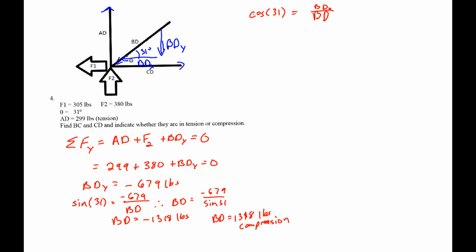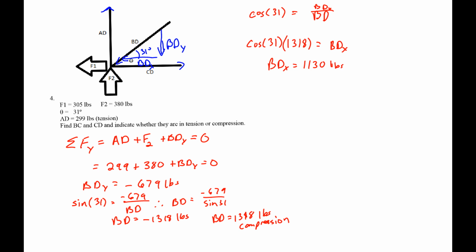So you get cosine 31 times BD, which is 1318, equals BDX. And what do we get for BDX? 1130. Sound good?